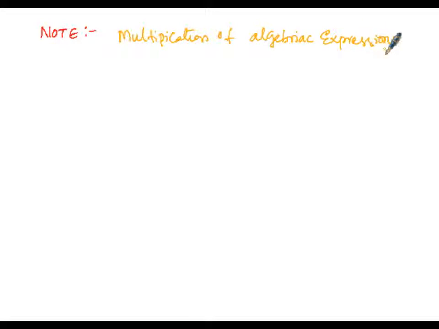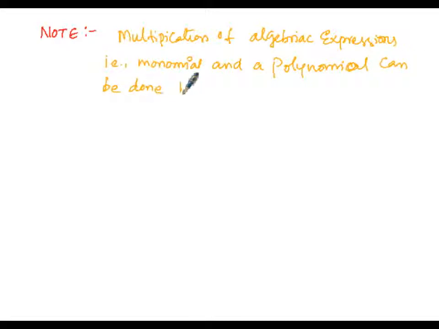So here is the note: multiplication of algebraic expressions, that is a monomial and a polynomial, can be done by horizontal and vertical methods.